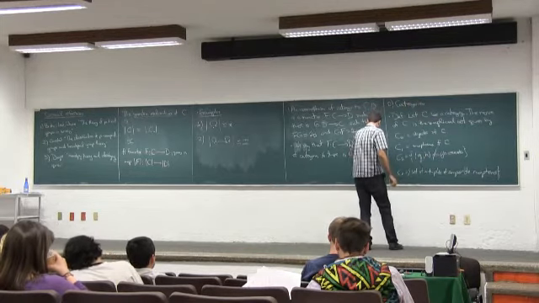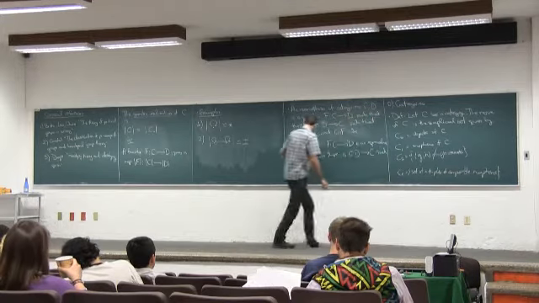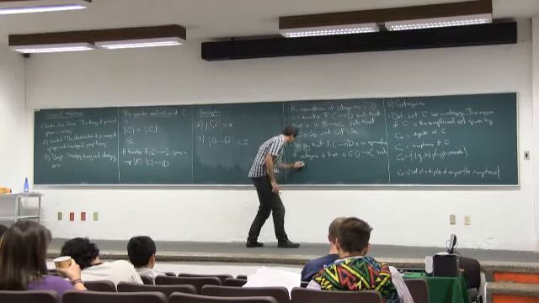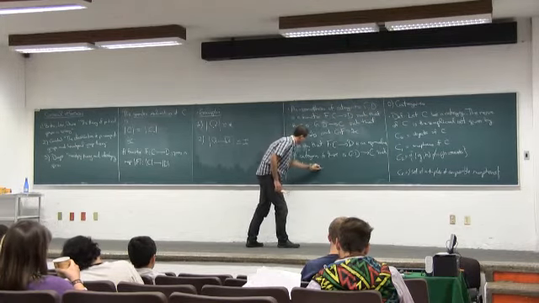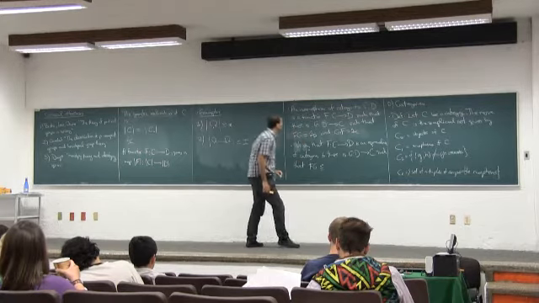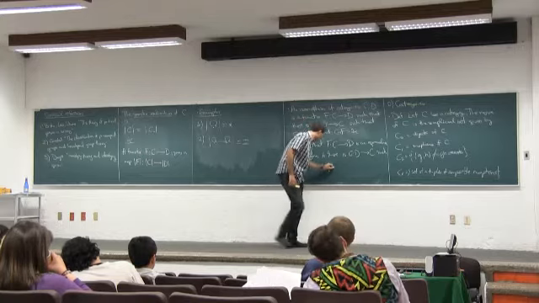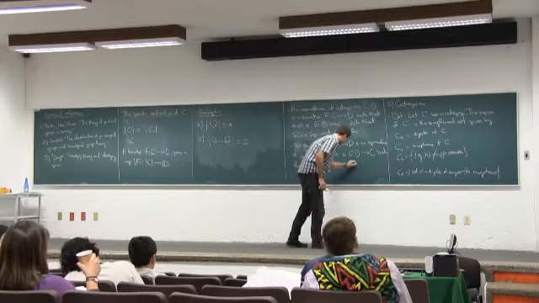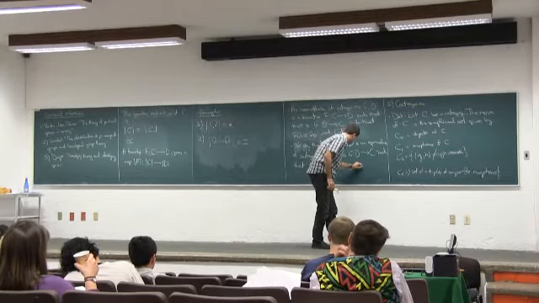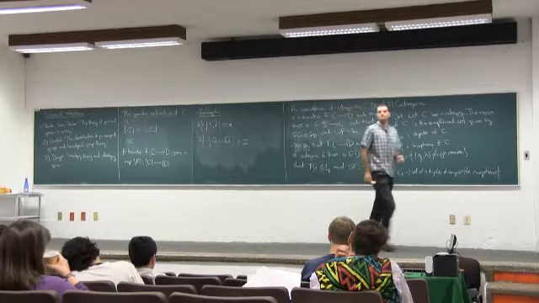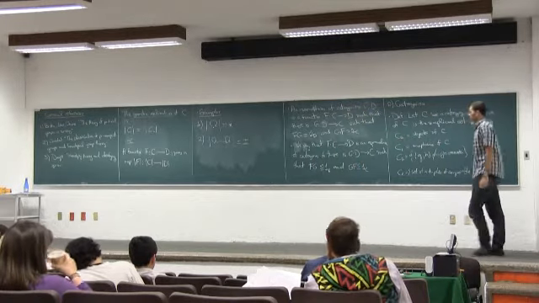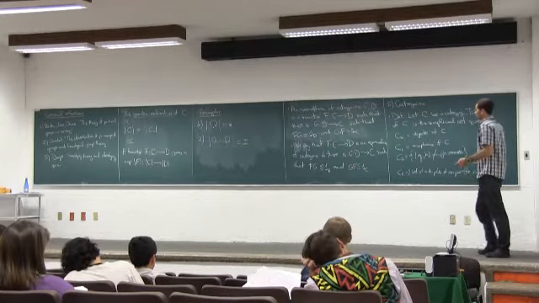There's G such that F composed with G is naturally isomorphic to the identity on D, and GF to the identity on C. Okay.